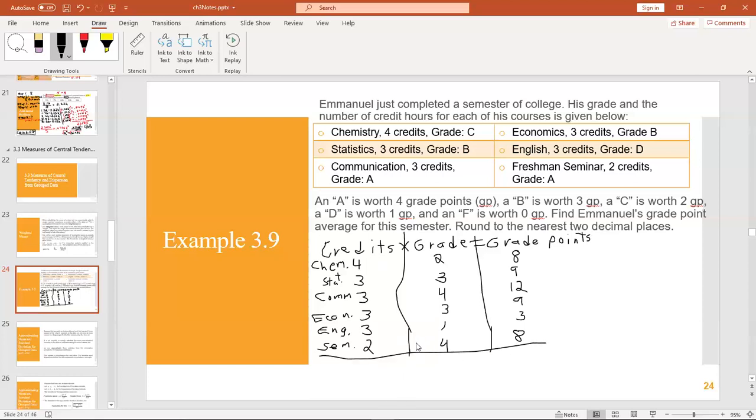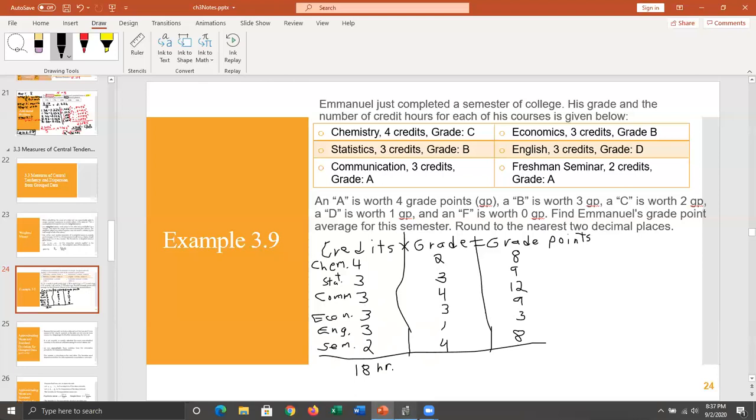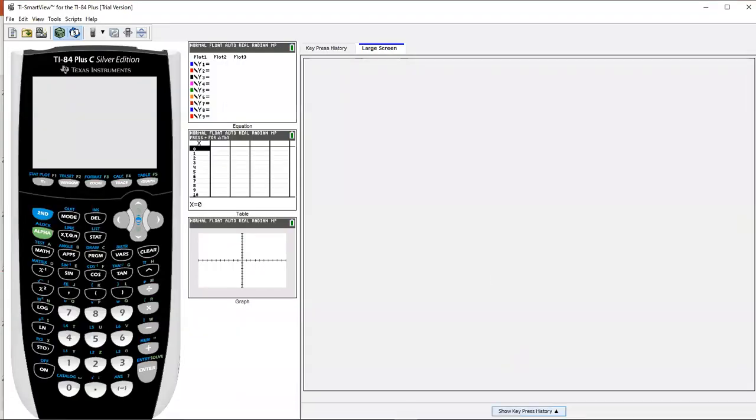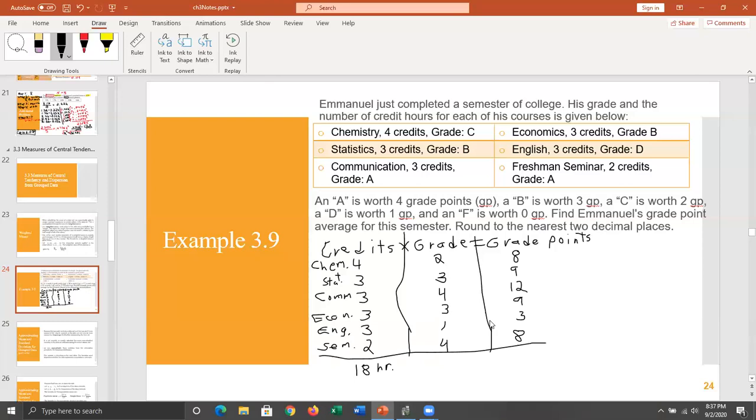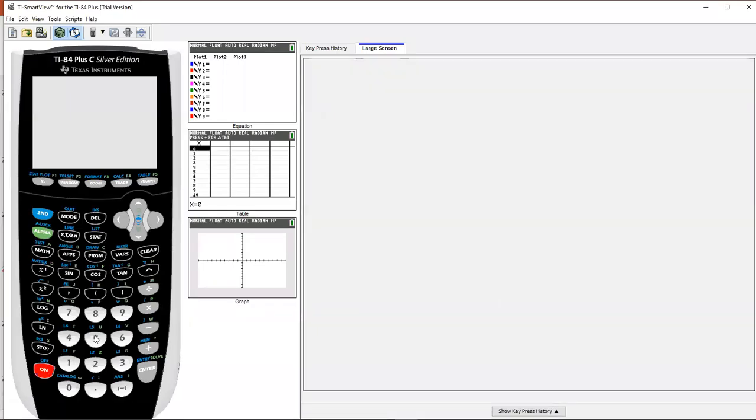If you add up all the credit hours, you've got 3, 6, 9, 12, and another 6. So this student took 18 hours. That's what we're going to divide by. Over here, we're going to add up the grade points. So let's see what we have. 8, 9, and 12.